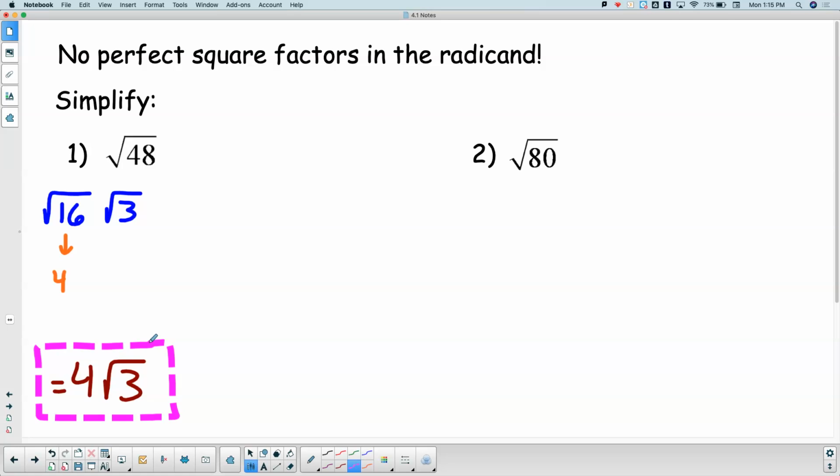So if you don't know them, what's another way that you could do this? 6 and 8 don't help me because neither one of those is a perfect square. But 4 and 12 are, right? Because that's a smaller one. I'll get to your 6 and 8 in a minute, by the way. That's the next way. Hint, hint.